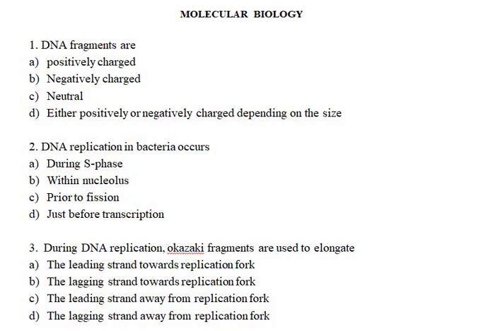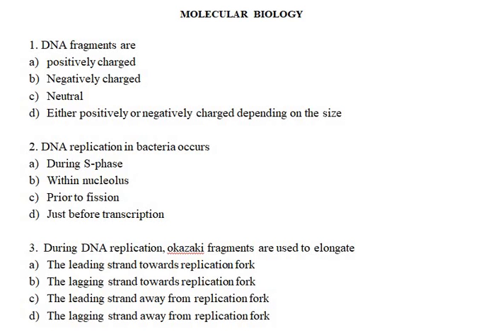Option A positively charged, option B negatively charged, option C neutral, option D either positively charged or negatively charged depending on the size. So you know that here the DNA fragments are nothing but a polymer of deoxyribonucleotides.